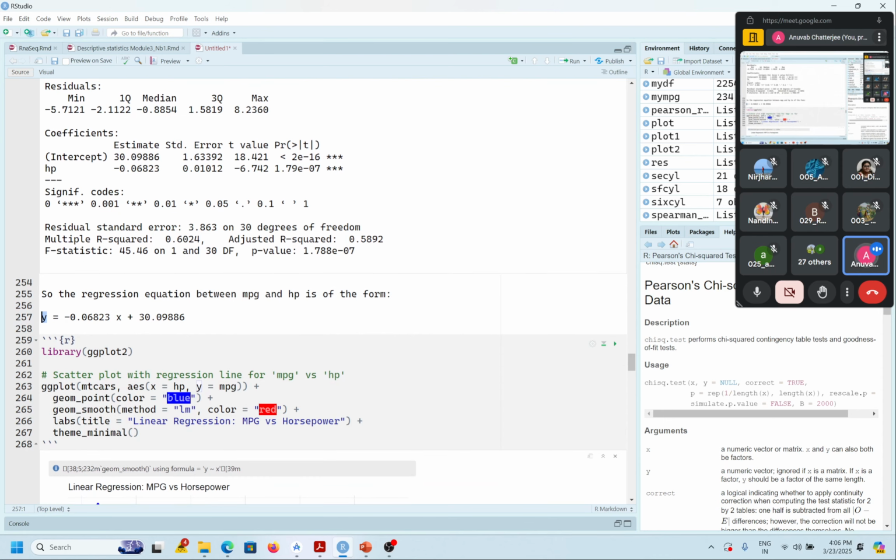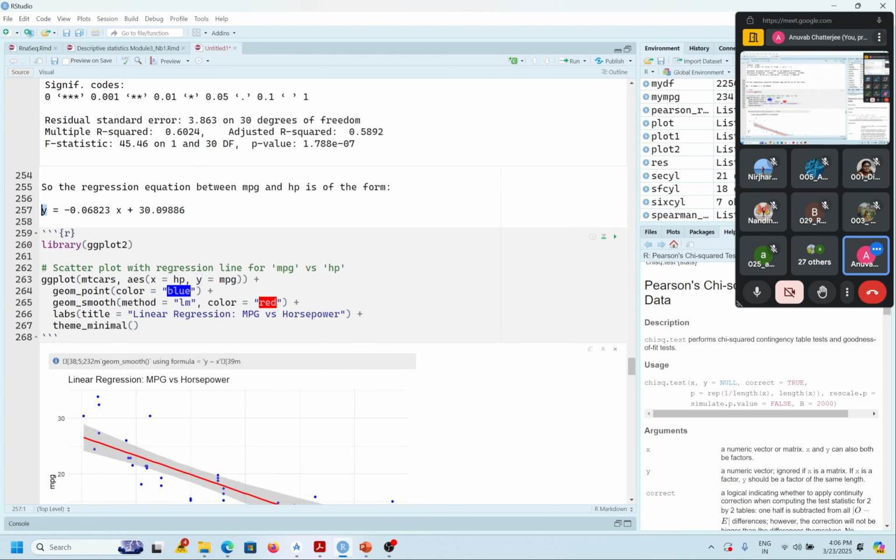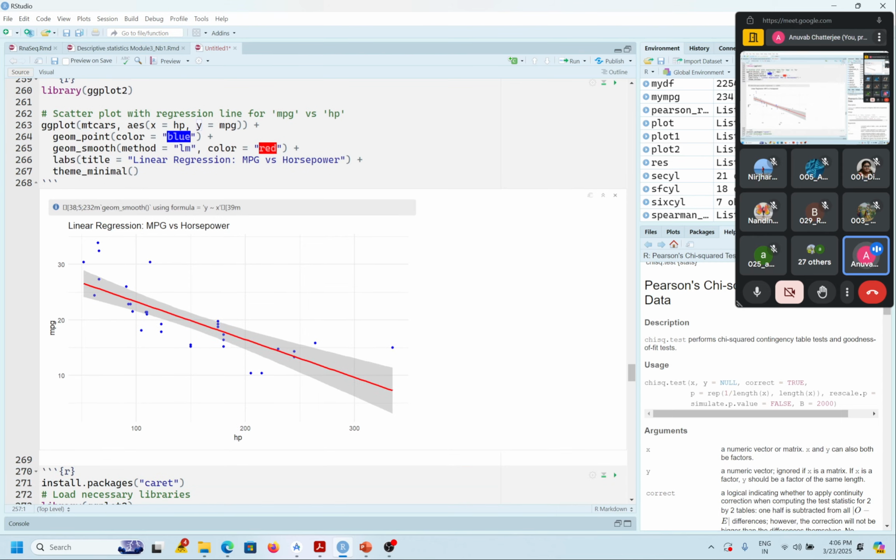So essentially you have figured out a solid concrete equation to relate HP and mileage. If you plot it, you will get a plot such as this. Again, you see a negative correlation, or here you call it a negative regression coefficient between the two variables, HP and mileage.